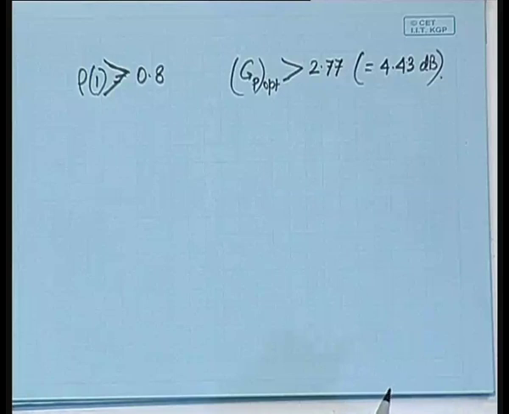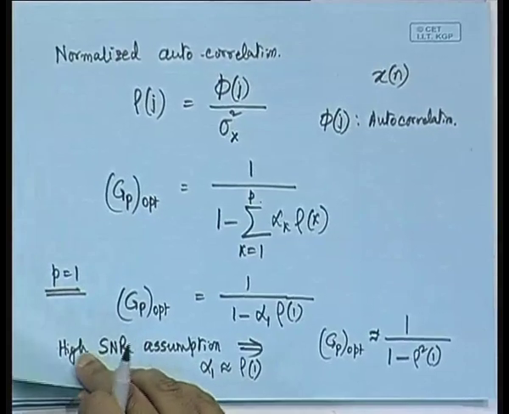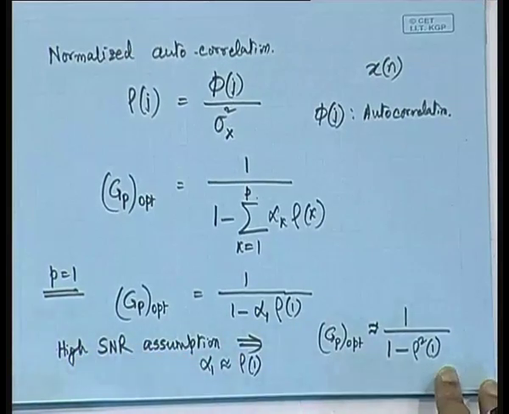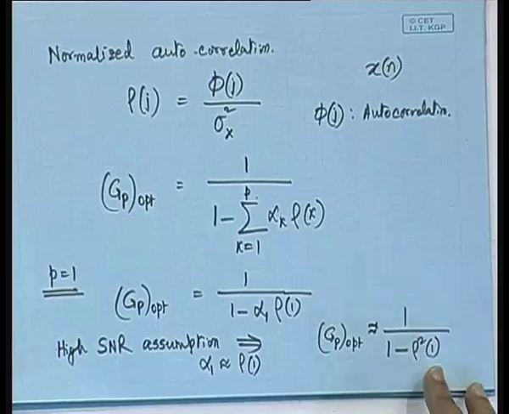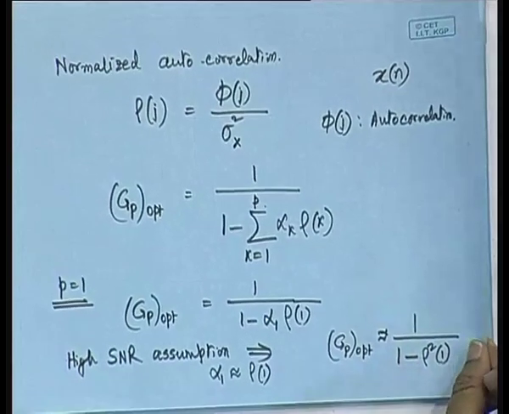So, you can see that this is what we are gaining by utilizing the differential quantization. For a perfect, ideal correlation, rho 1 is equal to 1, and in that case you have GP optimal as infinite.